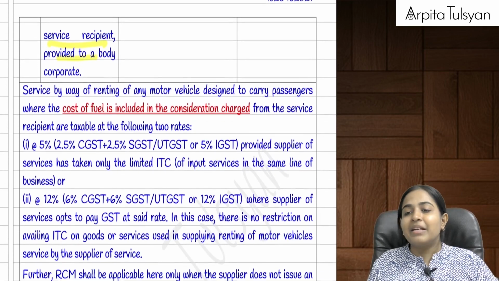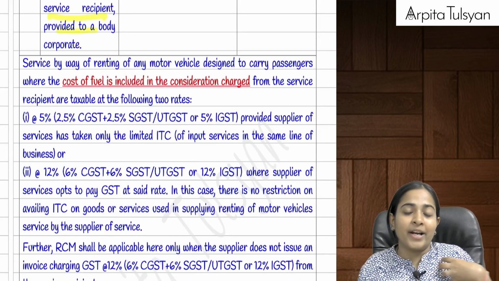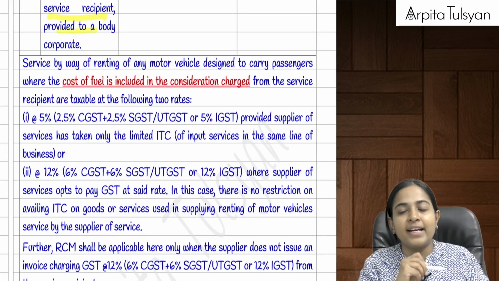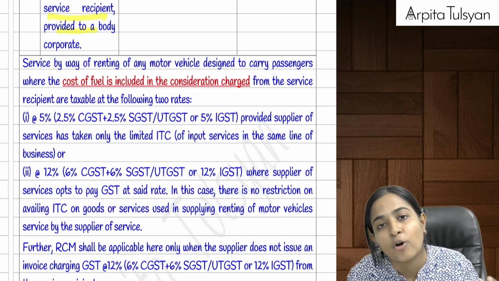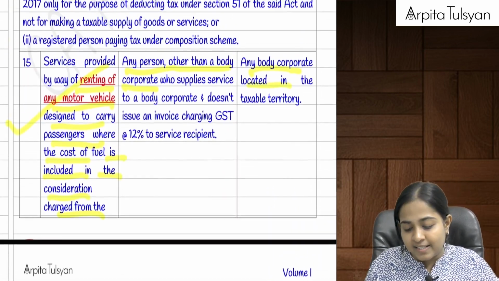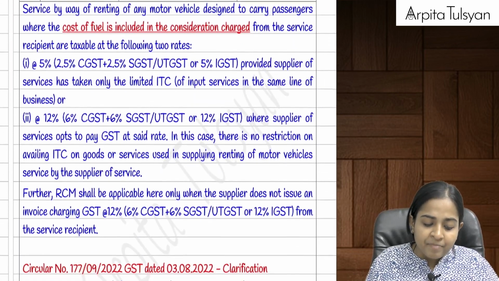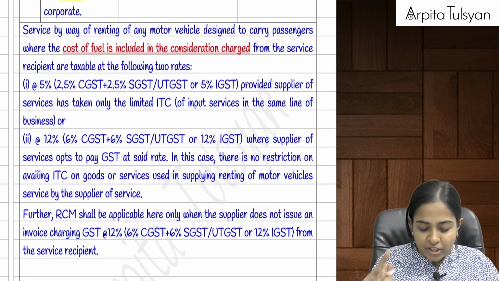If I am giving it on rent to the body corporate, I am not going to decide from where to where the motor vehicle will go. That will be decided by the body corporate to whom I have given it on rent, right? In such cases, the responsibility to pay the tax is on the body corporate. Are you clear with this? Okay, now listen. Here there are two options available.